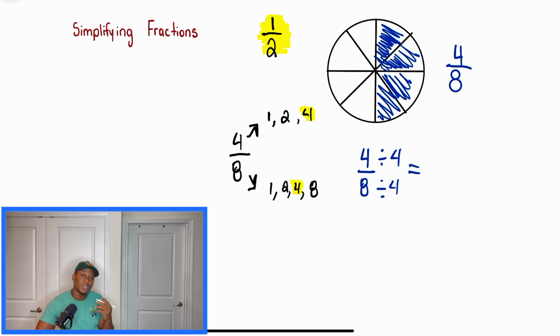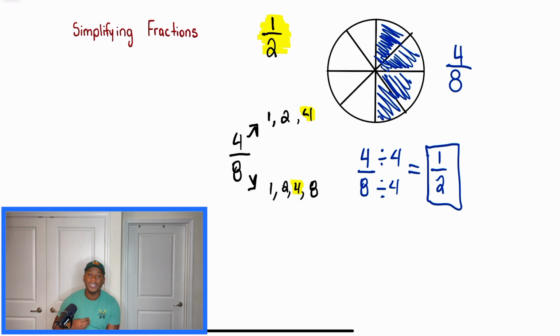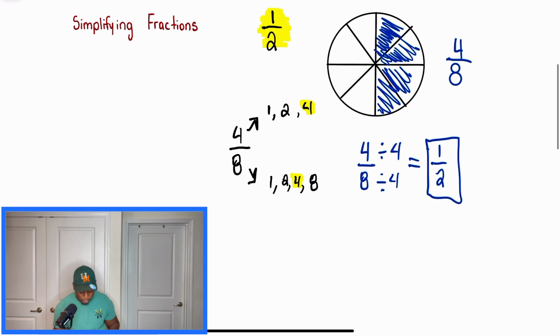Once we divide, or simplify, which is the same thing, we get 1/2. So when your teacher says simplifying fractions, this is what we're talking about. We're going to jump into a few more examples so you can see what I'm talking about.